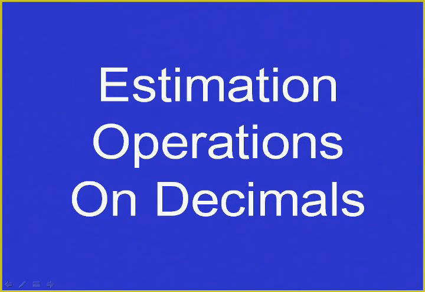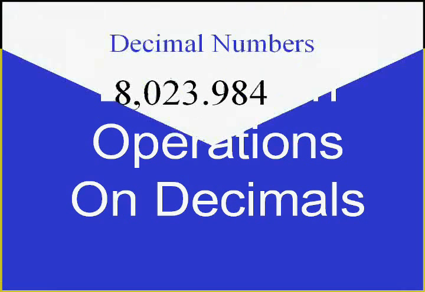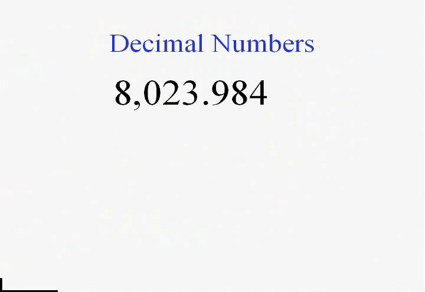We're going to want to use the same rounding and estimating techniques we learned on whole numbers on decimals. And remember what decimal numbers look like and the various digits. A decimal number is really two parts.